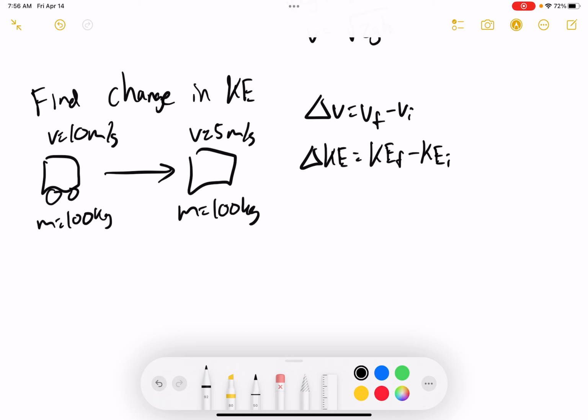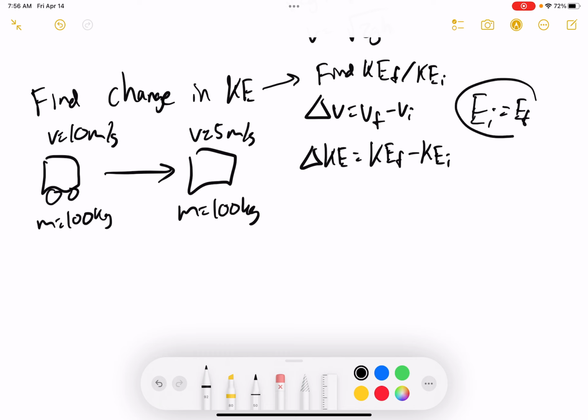I see a lot of people trying to do EI equals EF in these types of questions, where it's maybe find the change in KE, or it could also be something like find KEf divided by KEi, so the ratio of the final kinetic energy to the initial kinetic energy. Or something along those lines, or it could just be find the kinetic energy at a particular point. And they're trying to do this, where because I'm given these velocities, I'm not solving for an individual velocity. I'm really trying to just plug in this formula.